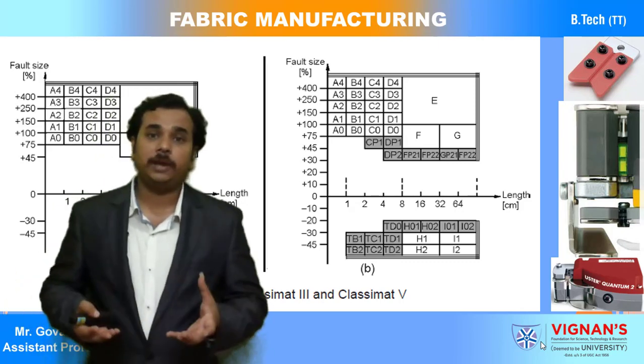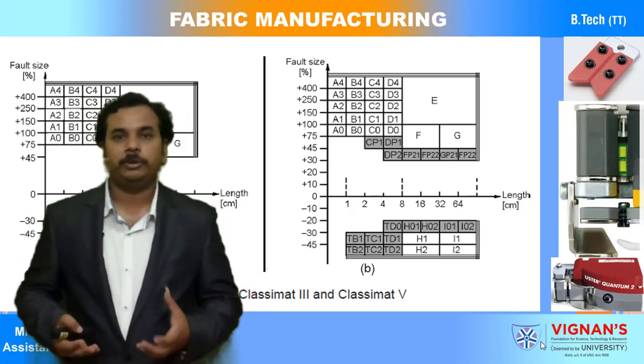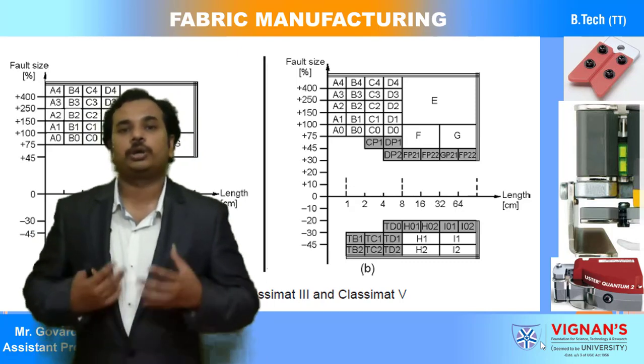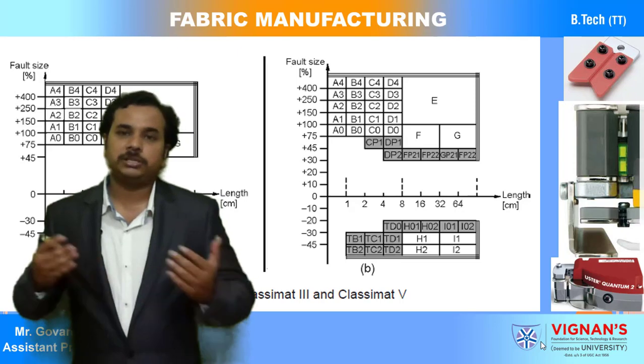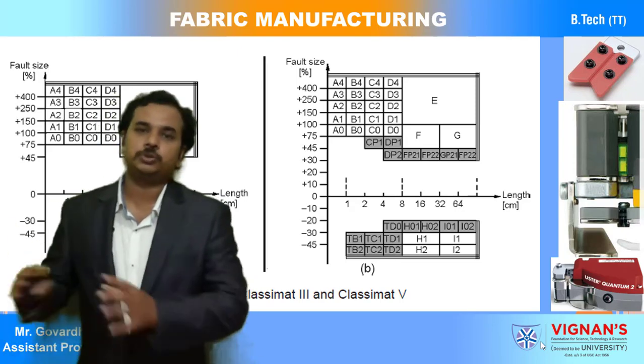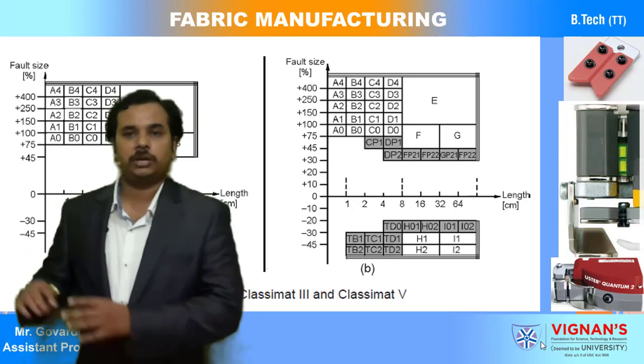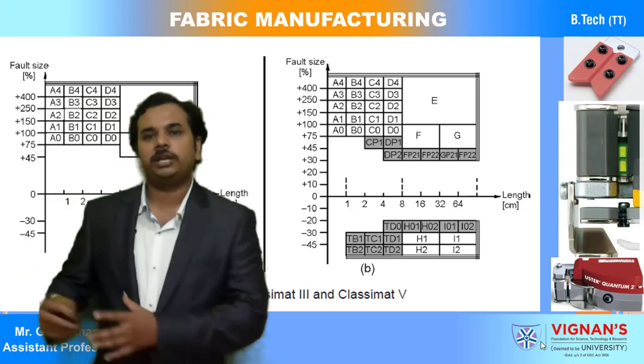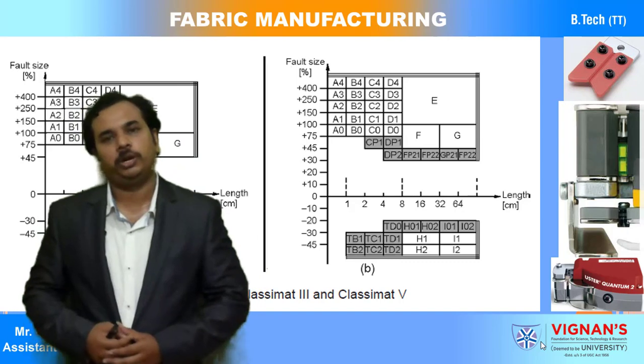Like there are breakages, increasing breakages because of the yarn faults present in the yarn, so that if it breaks, the whole weaving machine is going to be stopped. Once the weaving machine is stopped, production is lost, so the efficiency of the weaving machine is lost.